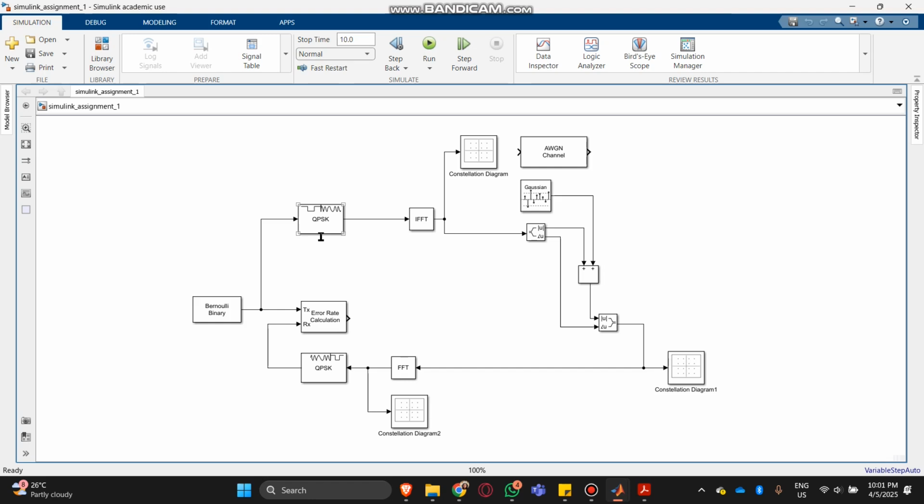A group splits into pairs and maps them to one of 4 phase shifts, doubling the data rate compared to BPSK. Next, we go to IFFT, time domain conversion. It converts the modulated signal from the frequency domain to the time domain for transmission. Next, we go to noise introduction.